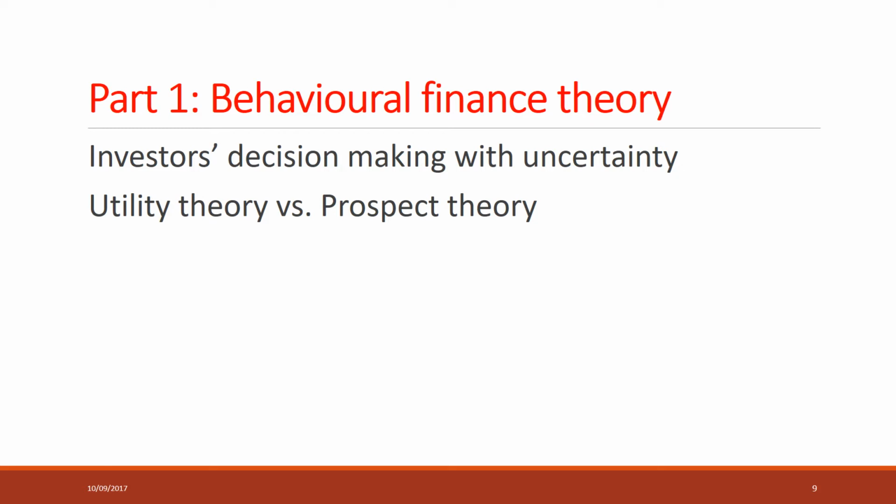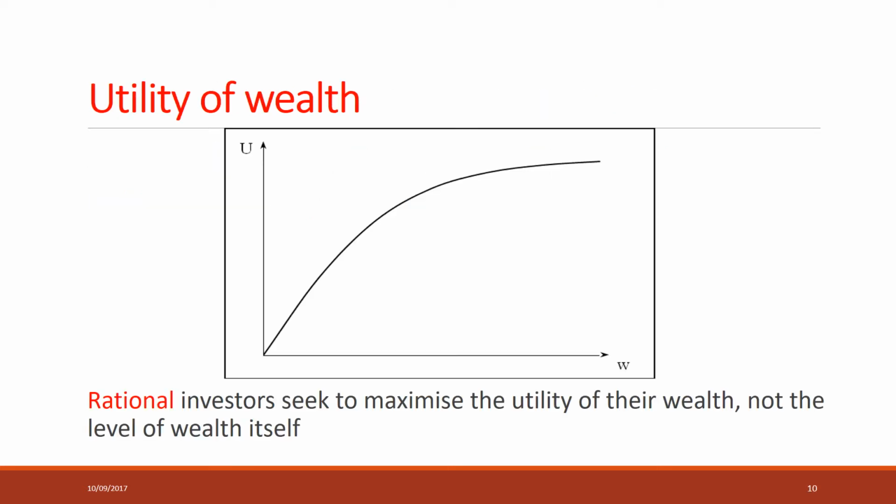So the rational model is explained in the expected utility theory, whereas the behavioral theory is the prospect theory. So when the investor is faced with uncertainty, this is what a rational investor is expected to do.